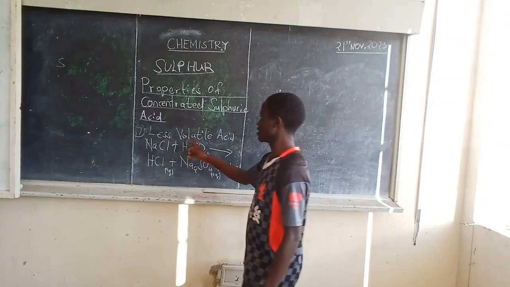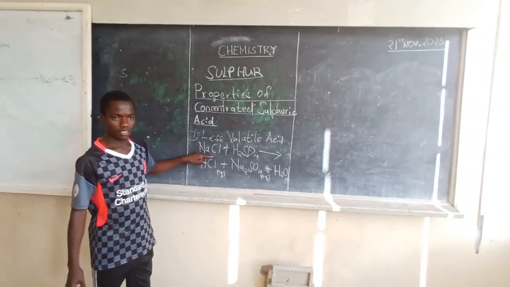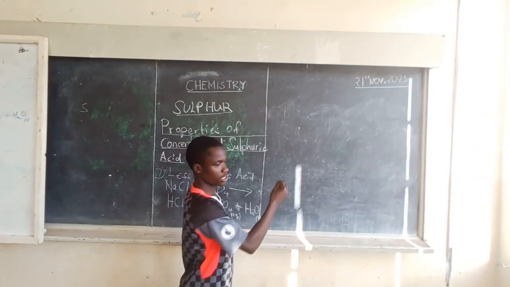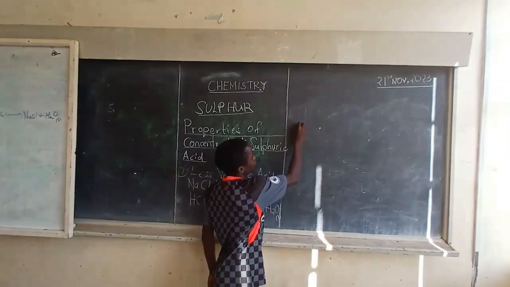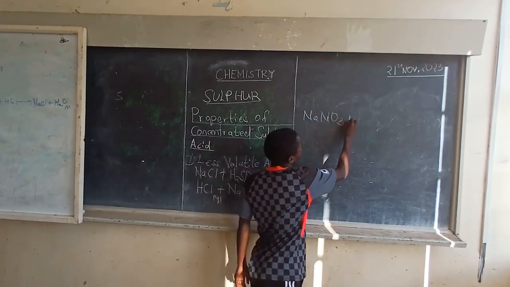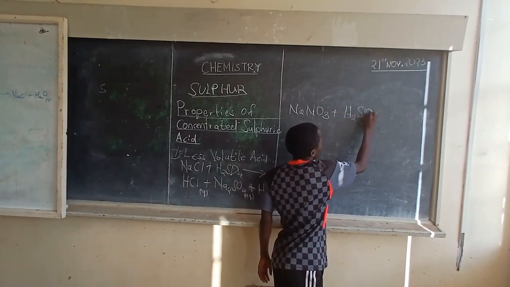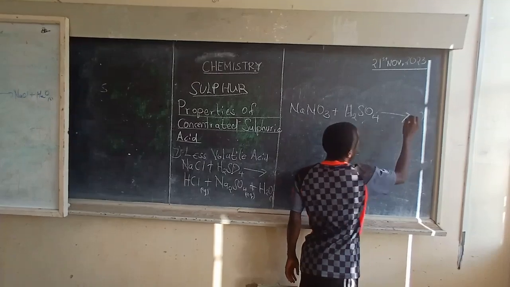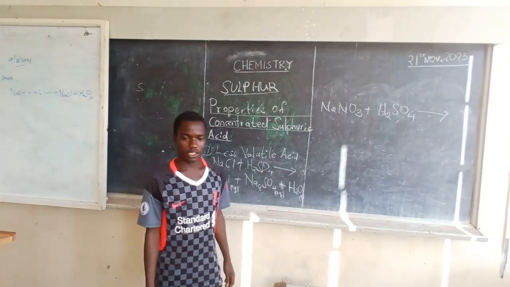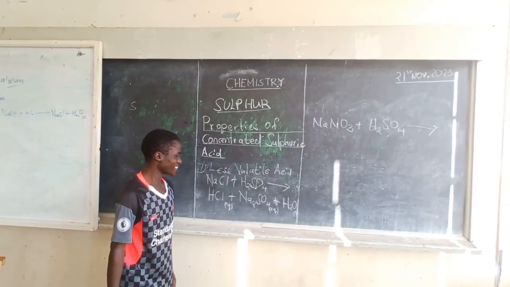Since you have learned about the less volatile property of sulfuric acid and you have used a salt of hydrochloric acid, now I want you to go home and write an equation of sodium nitrate plus sulfuric acid and give us the product, what will be formed. Are we together? Very good.